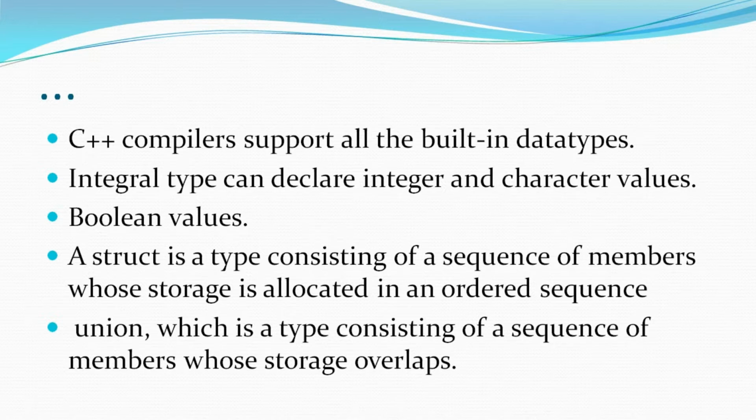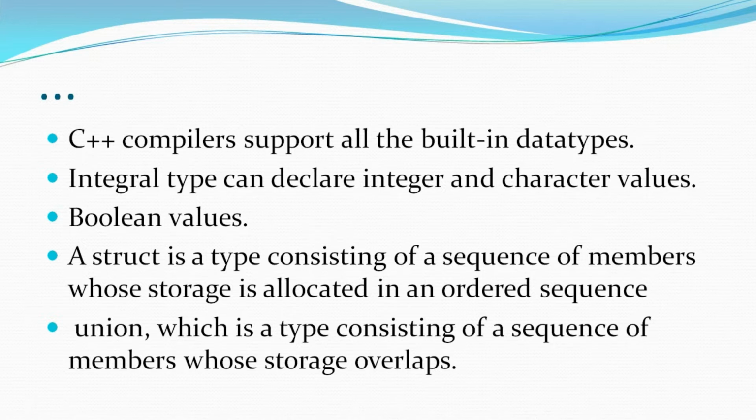If I want to save my name, that is Akash, then at the 0th location my value will be A, next K, A, S, H. So in this way, a structure is a type consisting of a sequence of members. It contains members, and we can define 2 or 3 functions within that structure, but it will store them in an orderly sequence, and we can use that structure keyword in any program as a template.